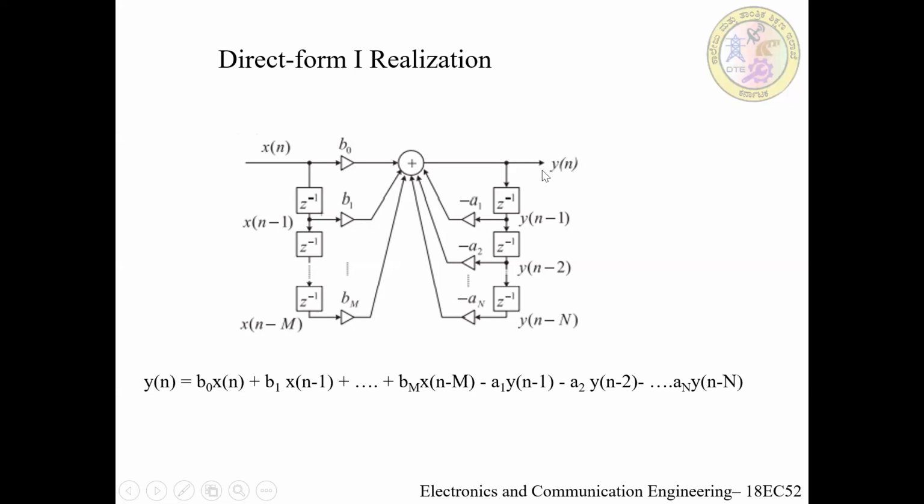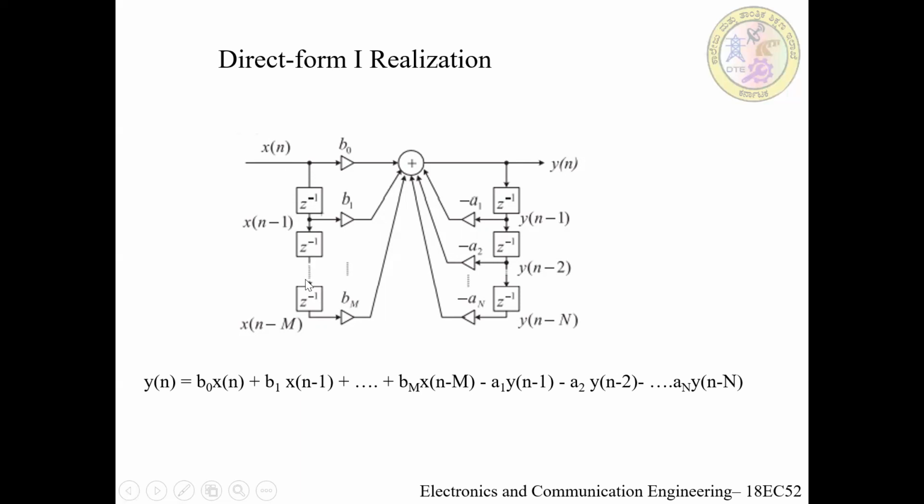This y of n, first let's take the input part. The present input x of n is multiplied by the weight b0. The b0, b1, b2 up to bm are coefficients which are getting multiplied with the input part. So b0 into x of n plus b1 into x of n minus 1. From this, after this delay, the value here will be x of n minus 1.